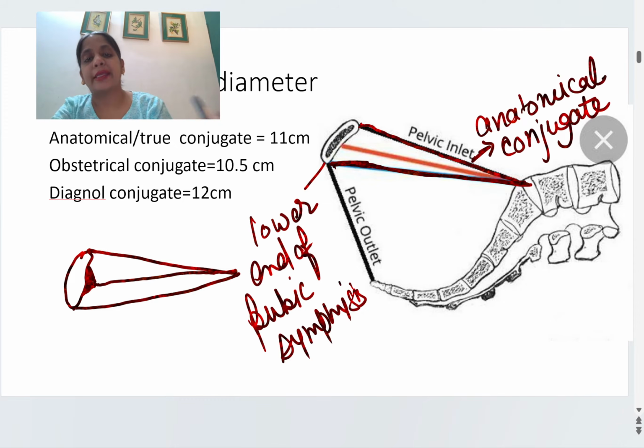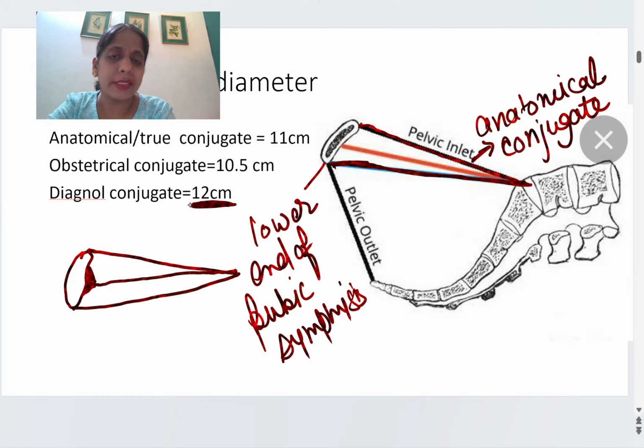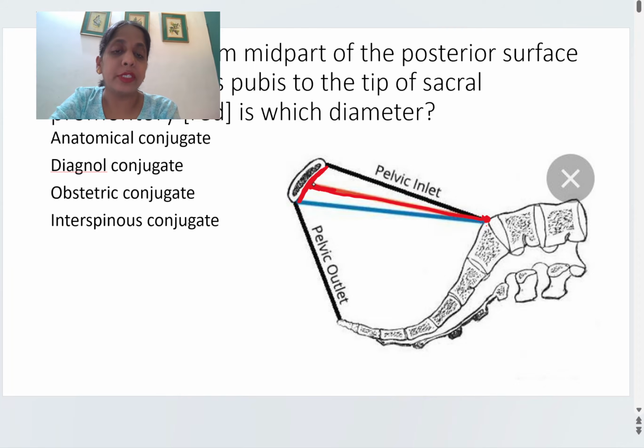So the diagonal conjugate is normally 12 centimeter in size, the anatomical conjugate is 11 centimeter, and the obstetric conjugate is much lesser, 10 to 10.5 centimeter. So our question was, what is this diameter called, which is from the midpoint to the sacral promontory? The answer was obstetric conjugate.